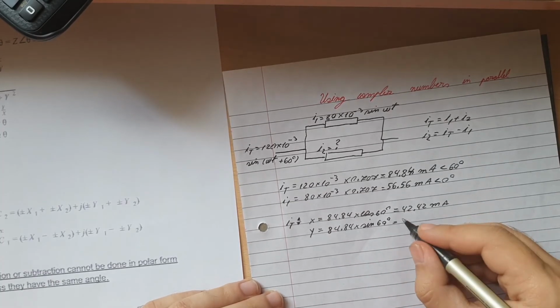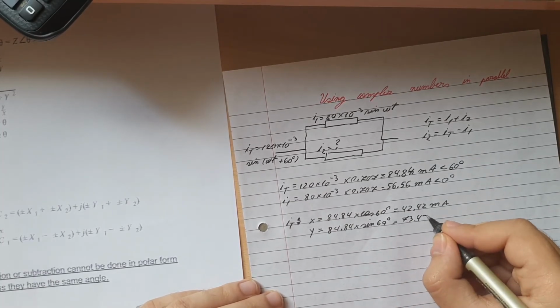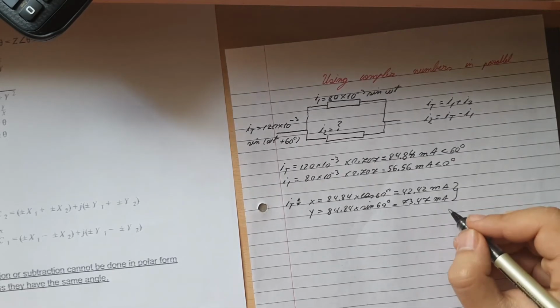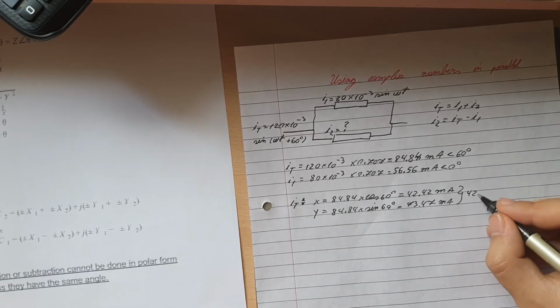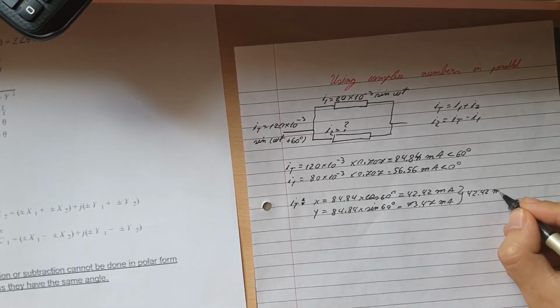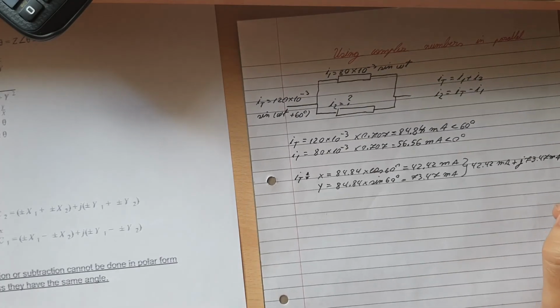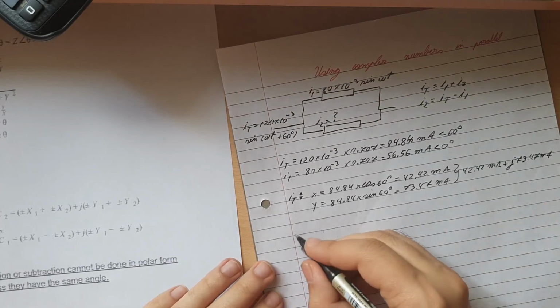That one would be equal to 73.47 milliamps, and together that will give you 42.42 milliamps in the X value plus a J of 73.47 milliamps.